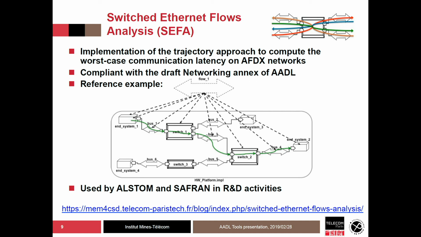And then you can provide a bit more information about timing aspects of these different components. Click a button and get an Excel file that will tell you which is the end-to-end flow that takes longest to go from one end to the other, and why there is some delay incurred by different messages going through the same path.